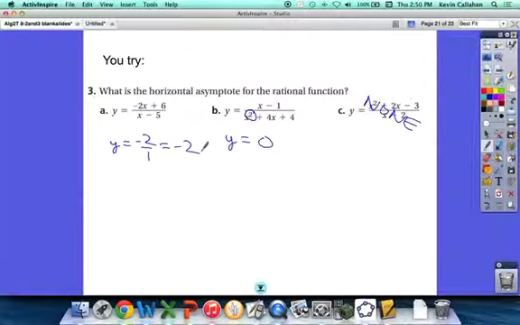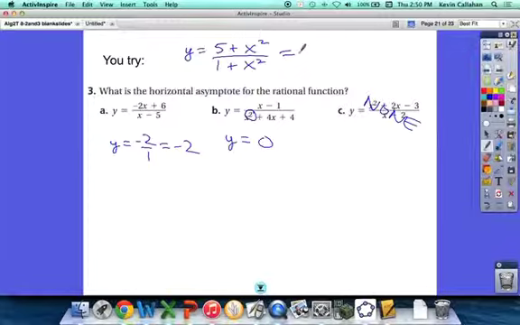A typical kind of mistake that we make is like this, but it could be something like y equals 5 plus x divided by 1. What is the horizontal asymptote?